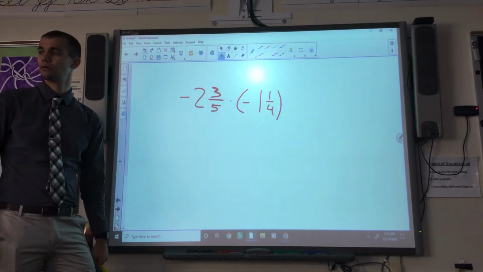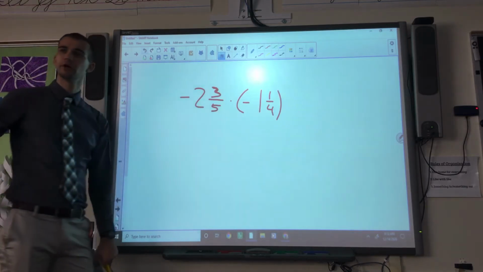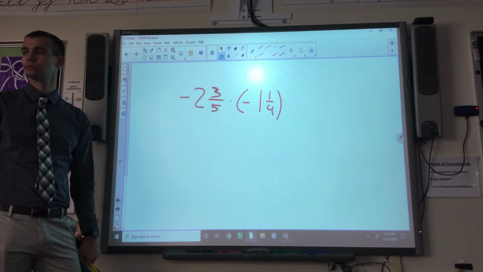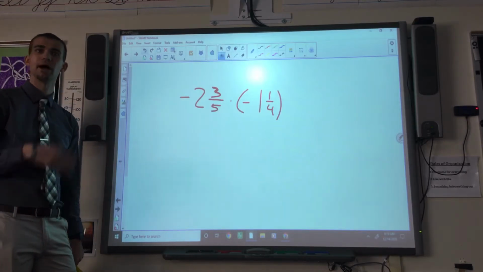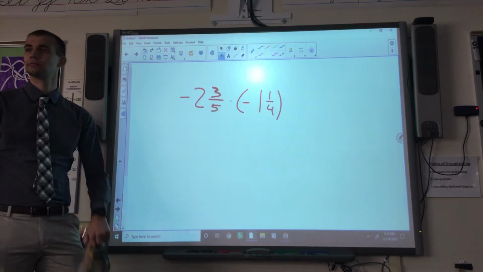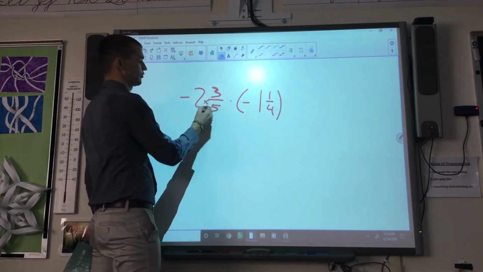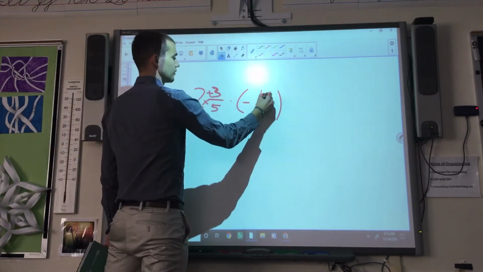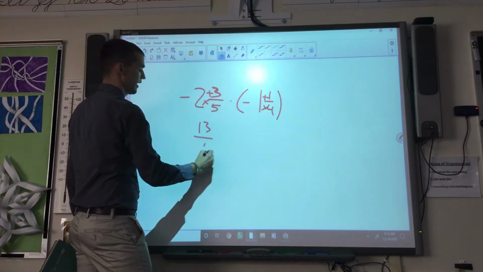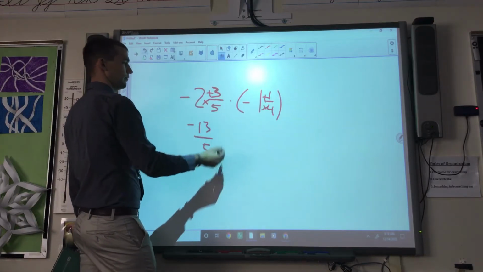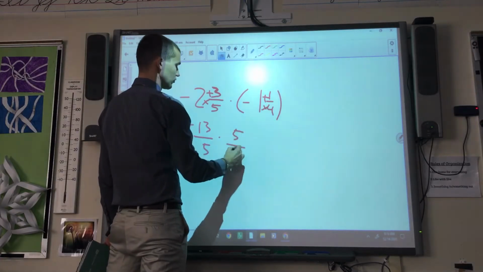I have to turn these mixed fractions into improper fractions. So you multiply here, add here, multiply here, add here. 2 times 5 is 10, plus 3 is 13 over 5, and it's a negative, times 1 times 4 is 4, plus 1 is 5, over 4.